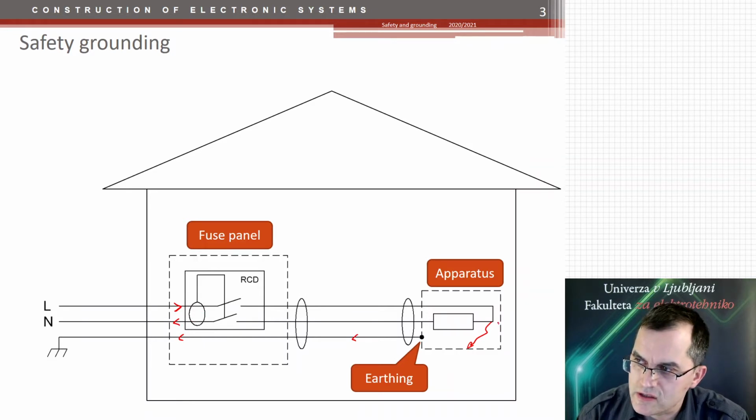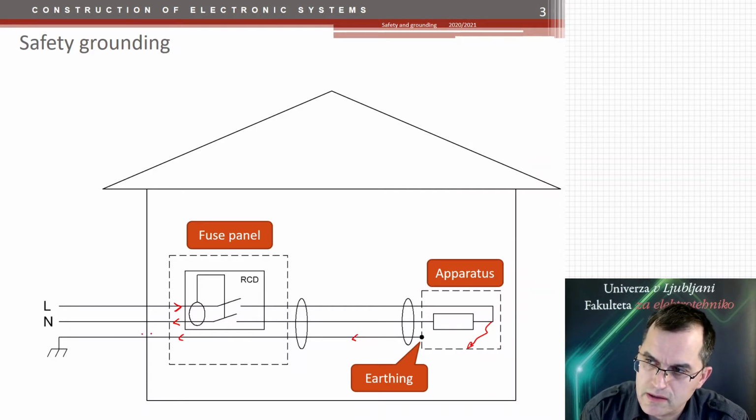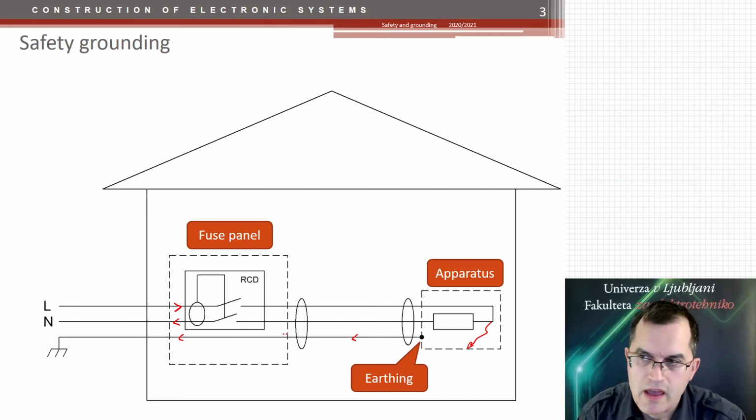But if there is a short circuit to the case of this device, which is then connected to the earth, then the current is not zero because some of the current flows passing by this RCD switch, and then this RCD switches off. And usually in houses we have 30 milliamp or 300 milliamp RCD switches. And this is called earth safety ground. And for that you require at least 3 wires in connecting your device to the socket, the line and neutral and the earth.